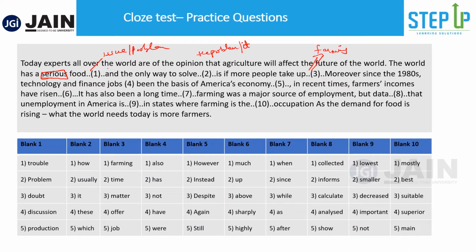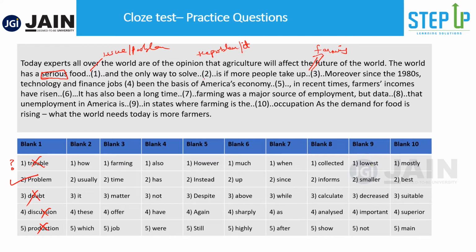Okay, so today experts all over the world are of the opinion that agriculture will affect the future of the world. The world has a serious food trouble, not really, doesn't go very well. Doubt, definitely not. Discussion, definitely not. Serious food production. Of course, the only option is trouble. You could have said, okay, it could be trouble, but it's more like problem.